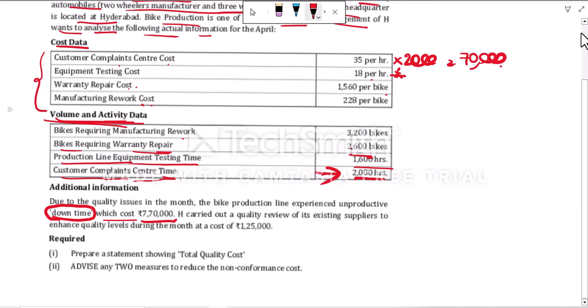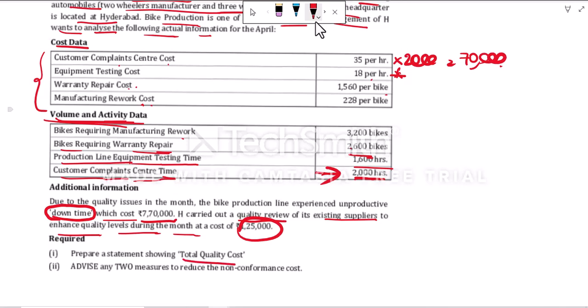It is 7,70,000. X carried out the quality review of existing suppliers to enhance the quality levels during the month, 1,25,000. They have given some cost.